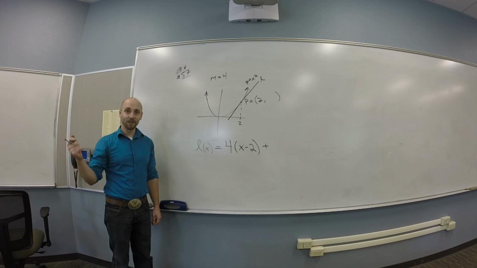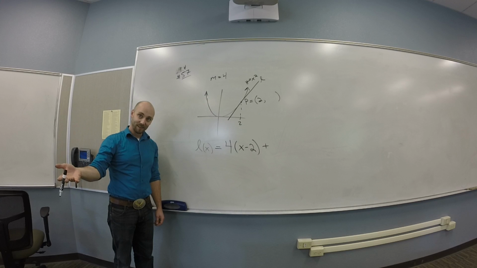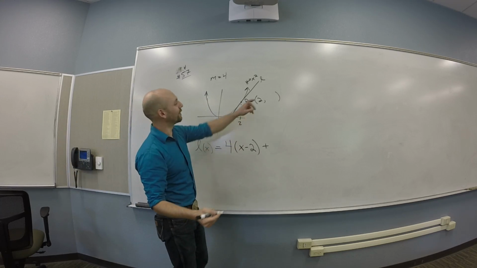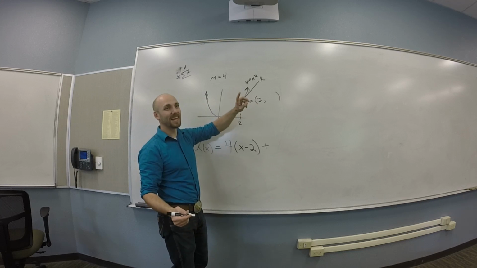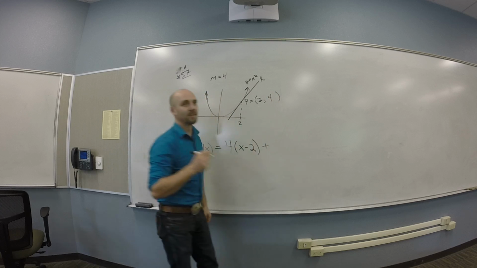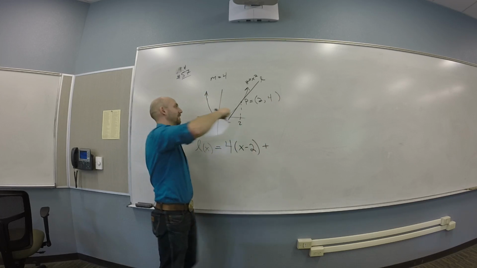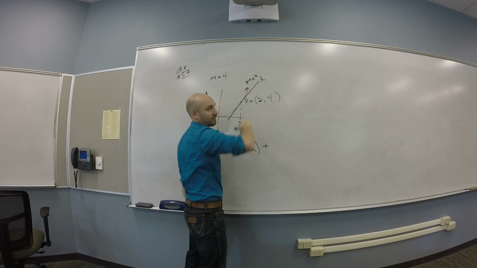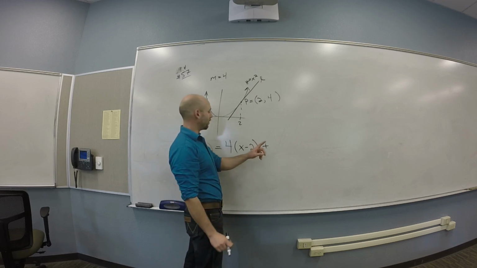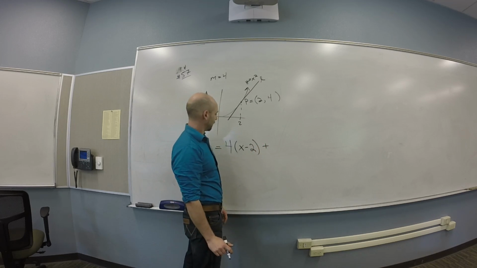A point on the graph is an input-output pair, right? So the input's 2 and the output is then 4, 2 squared, which is 4. So I got that from plugging this x value into the function. It just so happened to be the same as the slope. You guys see that? So I do plus 4.